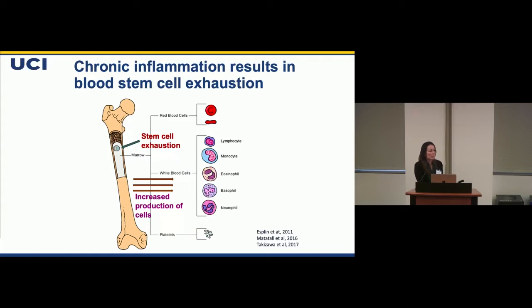We do know that in disease models, if you induce chronic inflammation, for example in mice, I know I'm talking a lot about mice, but that's a model that we use to recapitulate humans, we can cause stem cell exhaustion, meaning that their blood stem cells basically poop out when we give them chronic inflammation. So it's conceivable that in humans as well, chronic inflammation throughout one's lifetime could lead to basically stem cell aging.